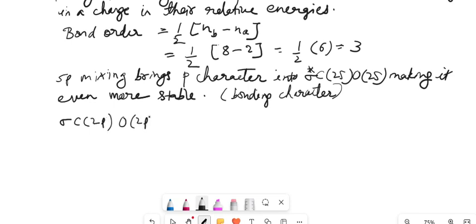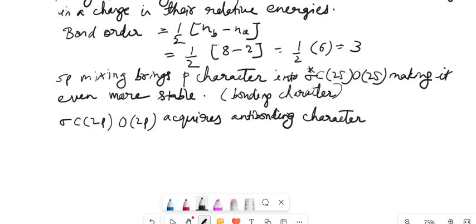Sigma C2p O2p acquires anti-bonding character, making it slightly anti-bonding.